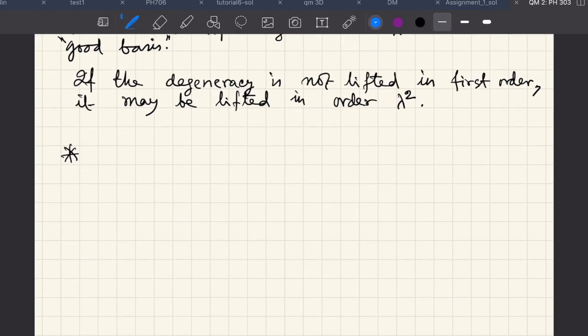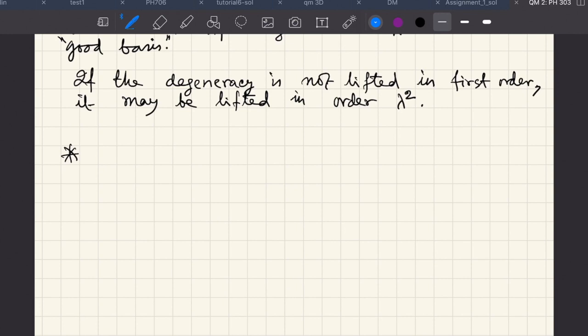Now, how can you find out a good basis set? Of course, you can explicitly diagonalize this H1 in a basis and see whether the basis is good or not. But this is a very cumbersome process.